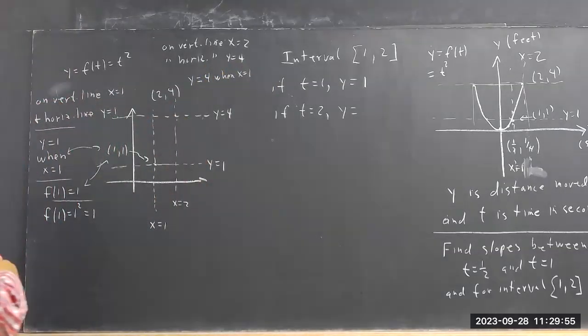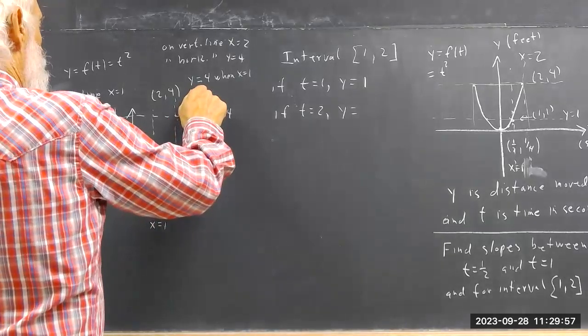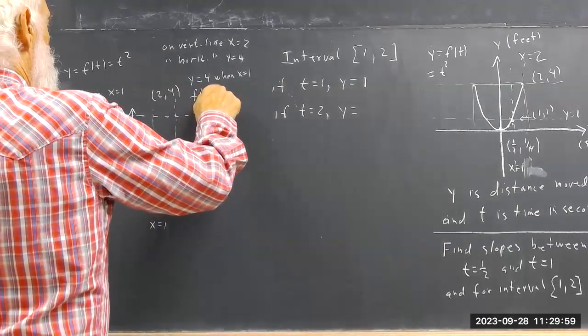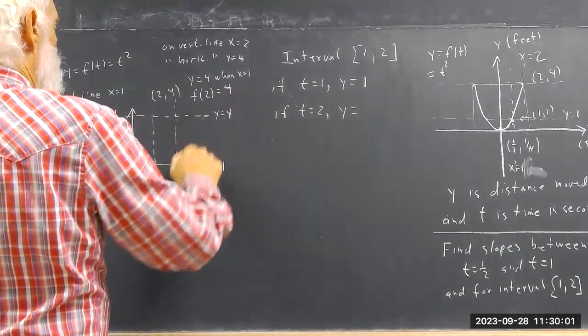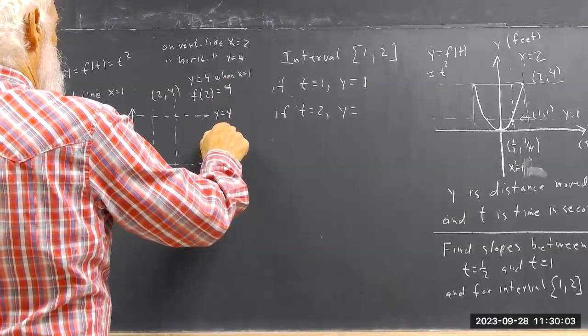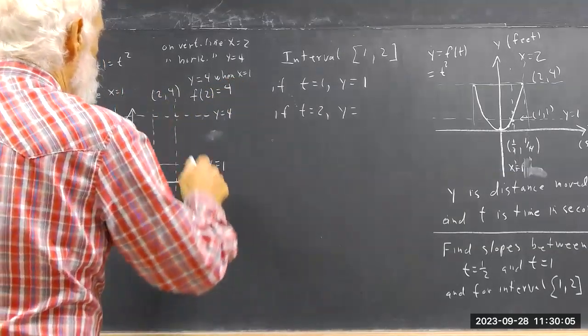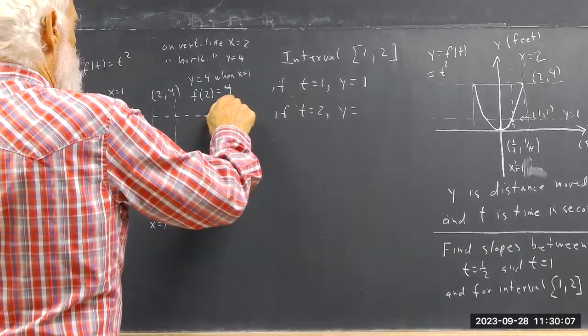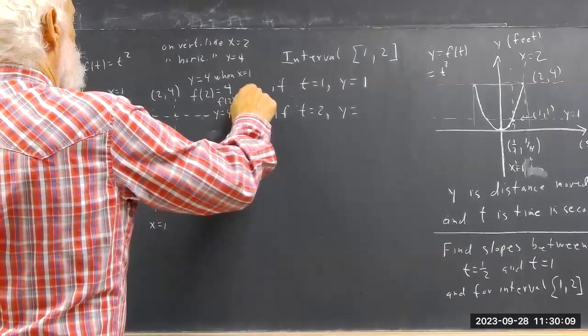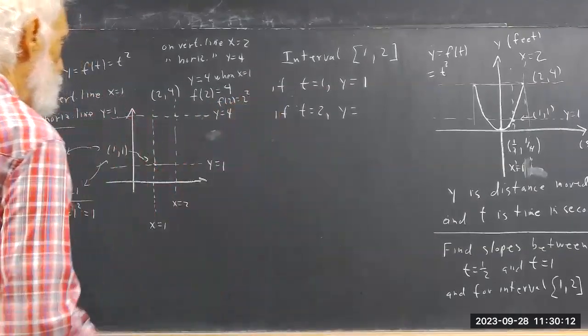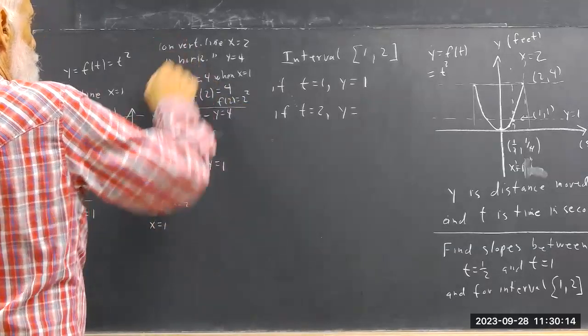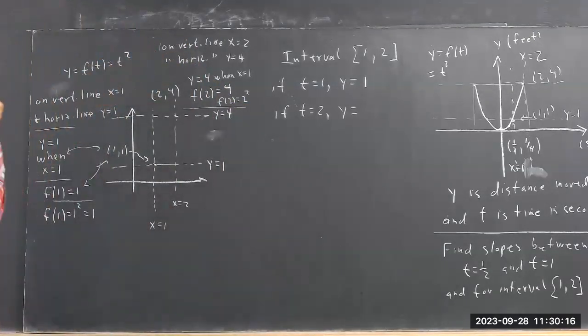Y equals 4 when x equals 1, or f of 2 equals 4. And of course, f of 2, I don't want to write anything there, but you could also write f of 2 equals 2 squared, which of course equals 4. All these things from the point 2, 4.